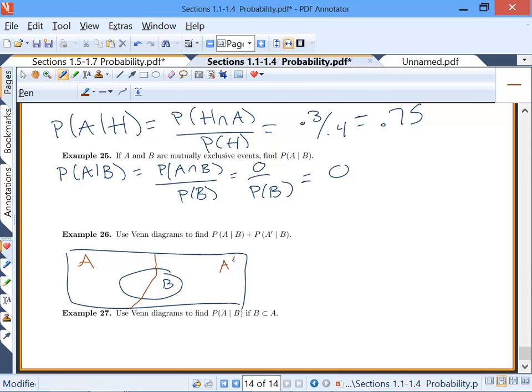A and A complement divide my sample space in 2. And then I have my event B.